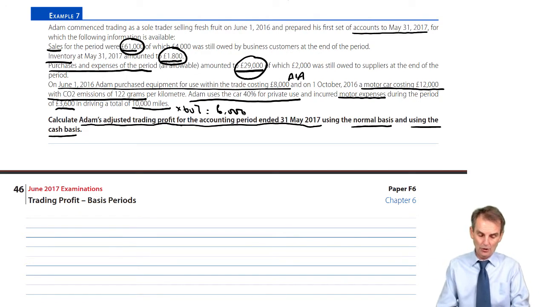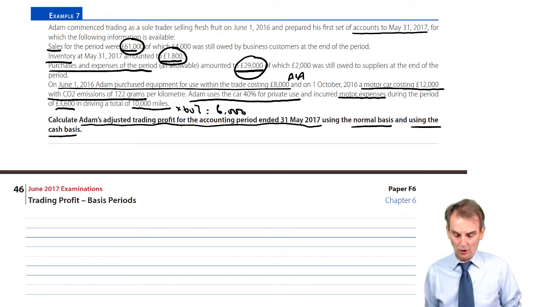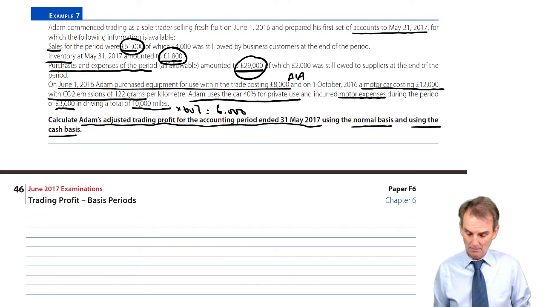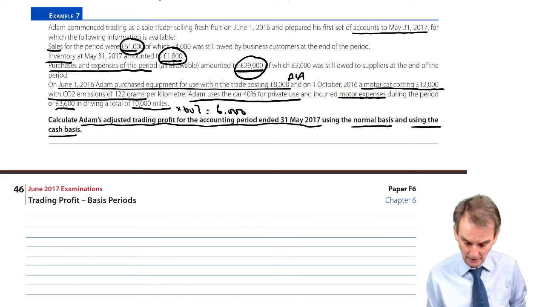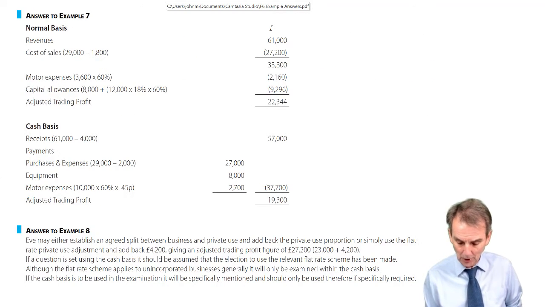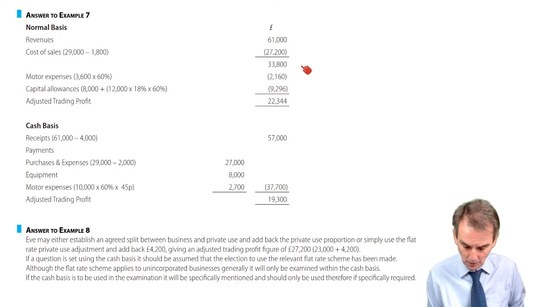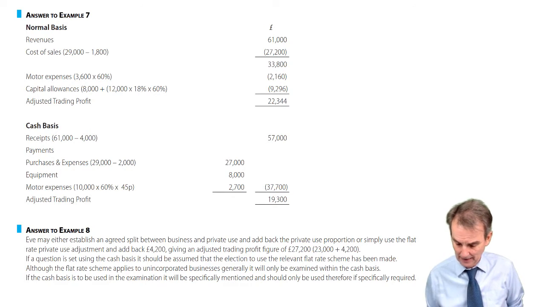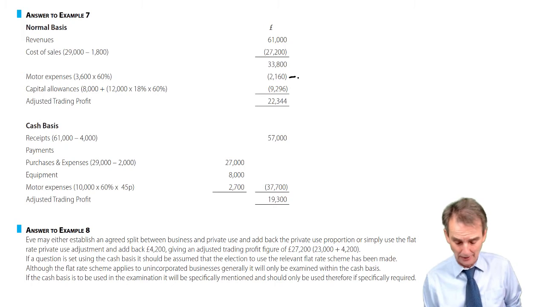But so far as your adjustment of profit is concerned, we'll allow the 60% business use component. Let's just see how that manifested itself in our answer. Our motor expenses, we were told 3,600, limited to the business use element 60%. That therefore gives us £2,160. At least I hope that's the correct calculation.